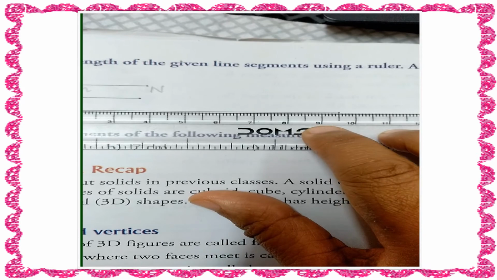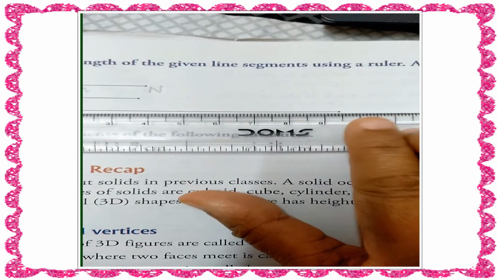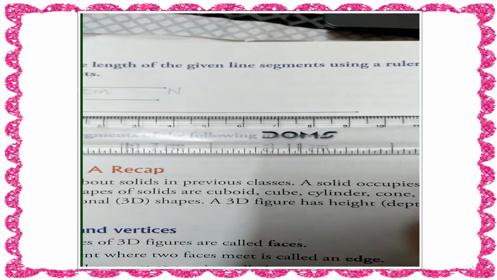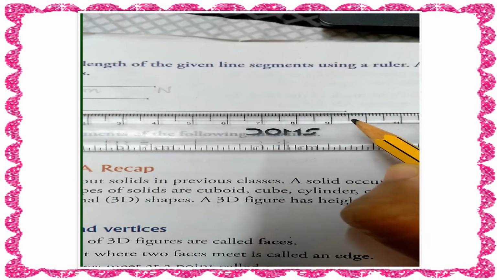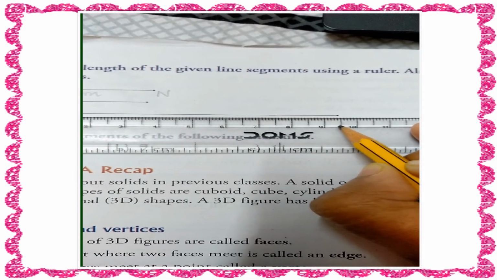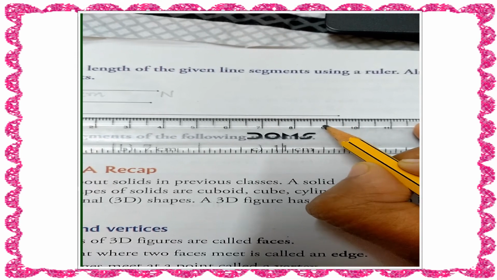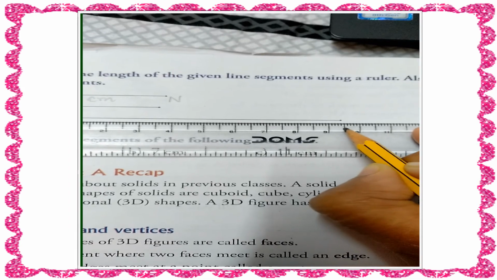So the length of this line segment is 9.5 centimeter, which is the point of 9.5. Which points tell us? You can see this smaller line here, right? This is for 0.5, and as it is 9, it will measure as 9.5.